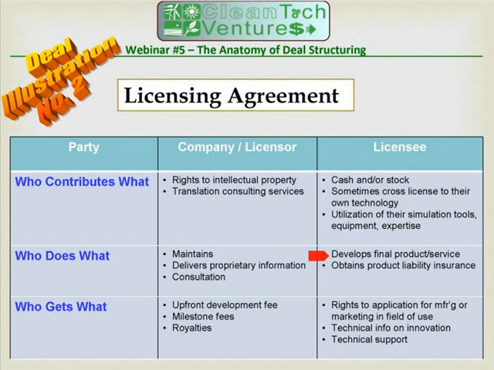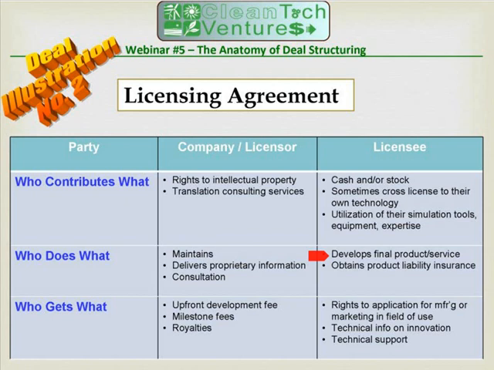A lot of times you're going to see where the licensee doesn't have the commitment to do everything that you would like for them to do with your innovation. They may even set the technology on the shelf for a period of time because they don't have a sense of urgency. They don't need to generate money out of this tomorrow, where you would like to see some royalties tomorrow.